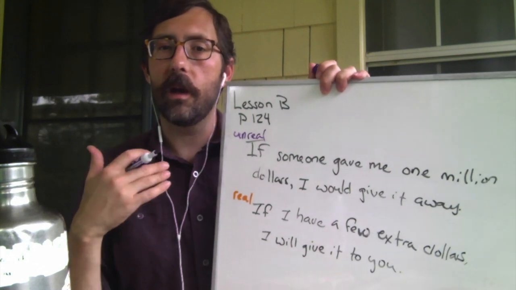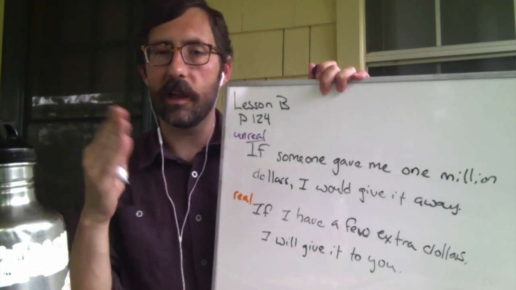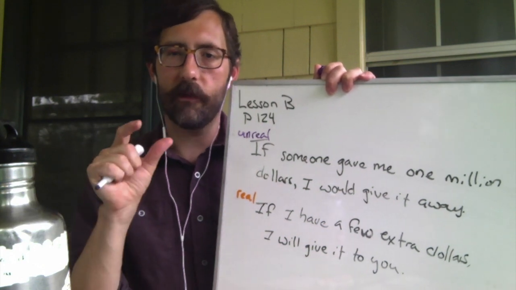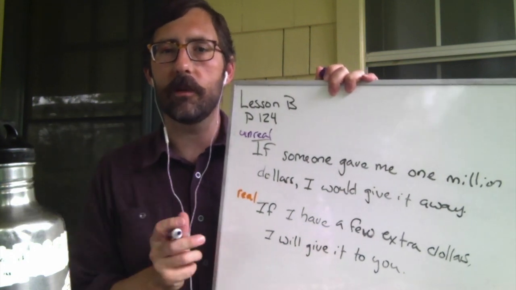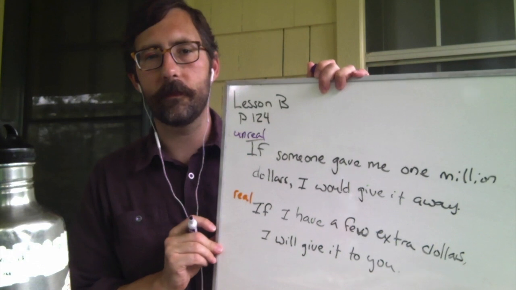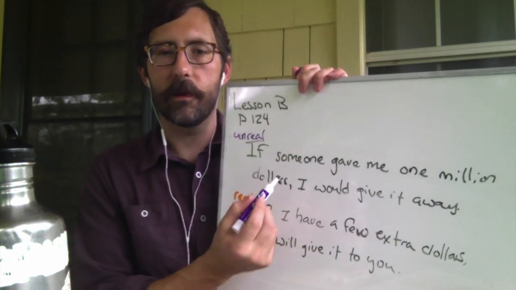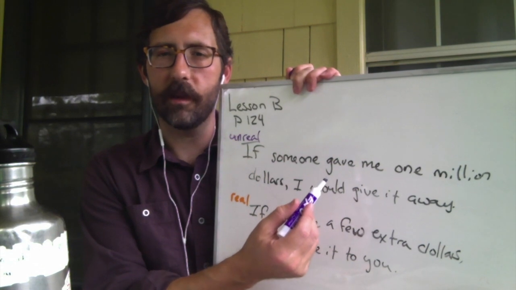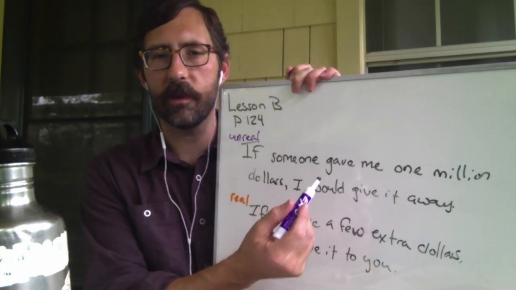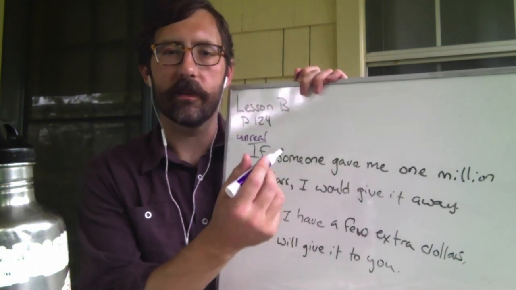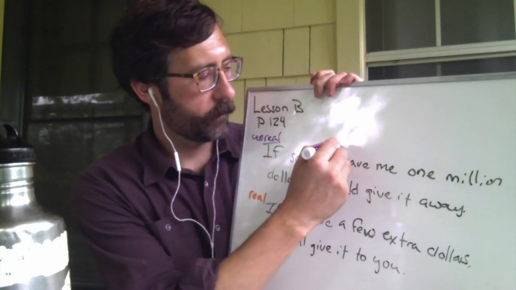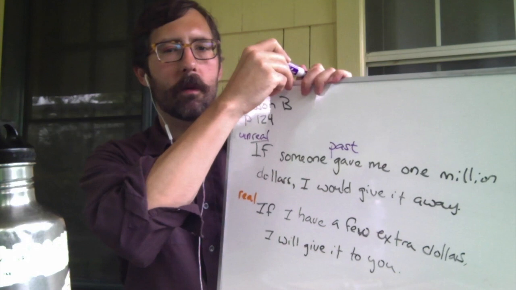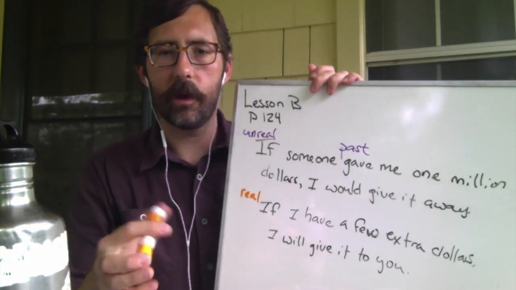We've already talked in our last unit about the present unreal, and I did a very short review at the beginning of this video about the unreal. Let's look at our verb. If someone gave, what tense is gave? Is it present, past, future, present perfect? It's just past, it's simple past, right? What about in my real?